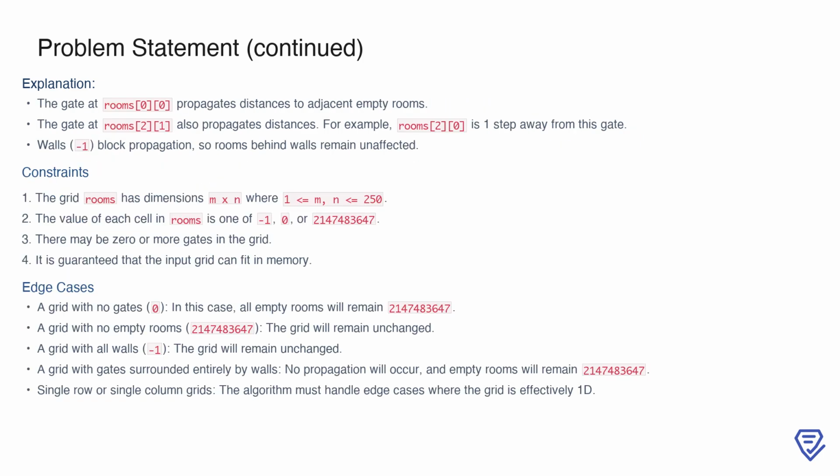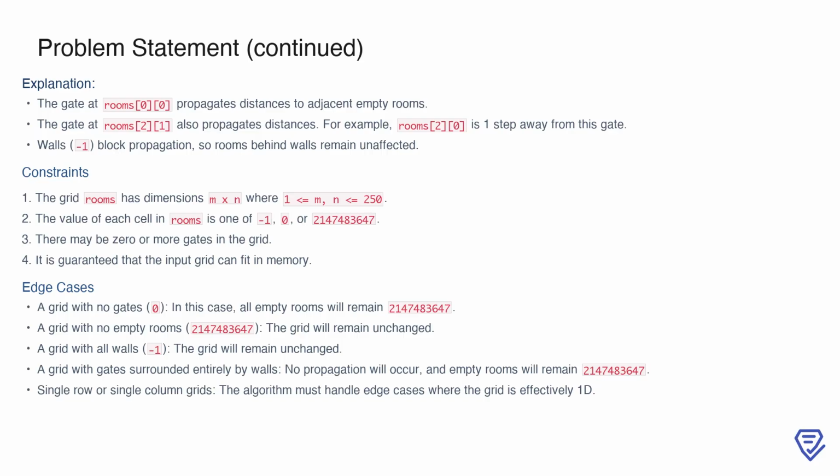Let's break down the explanation of the second example. The gate at position rooms[0][0] propagates distances to the adjacent empty rooms, starting with rooms[0][1], which is 1 step away, and then rooms[0][2], which is 2 steps away. Similarly, the gate at position rooms[2][1] propagates distances to its neighboring rooms.